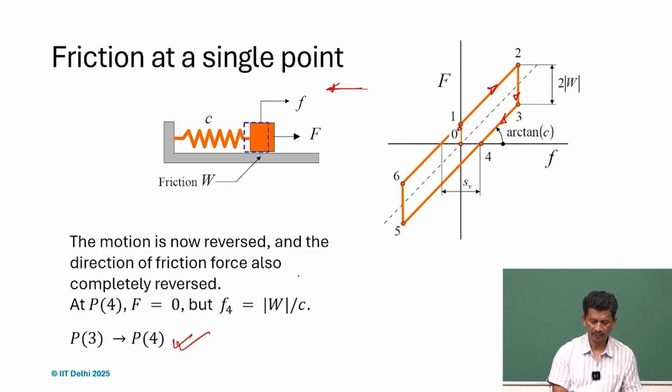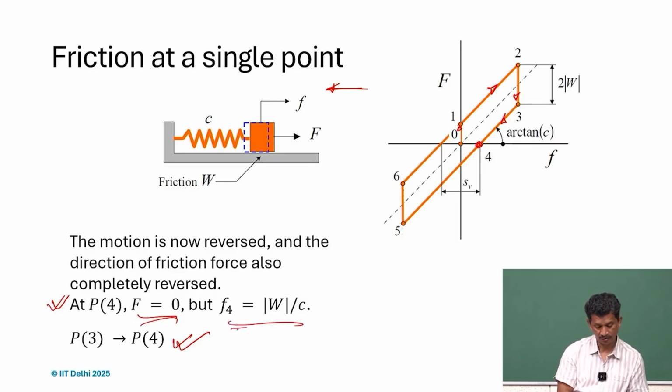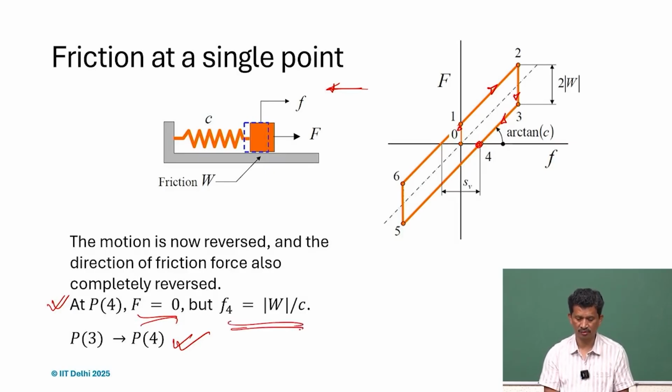What also happens at P4 is that F is 0. There is no external force acting now. But there is still some deflection, x4. And why?